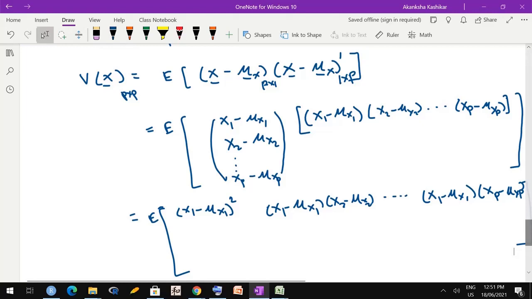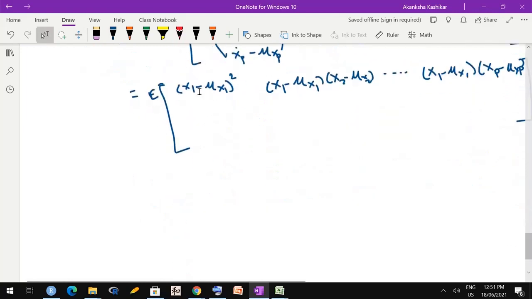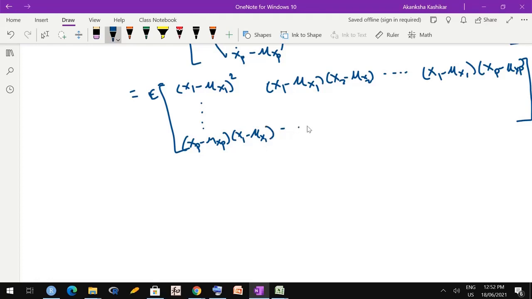Same way, I go on further and my last row would have xp minus mu xp into x1 minus mu x1 and so on, and last entry would be xp minus mu xp whole square. Okay, and now we are in the form of expectation of some matrix.